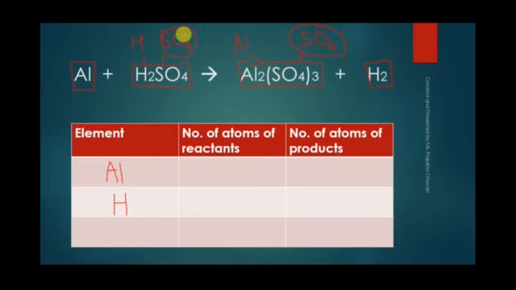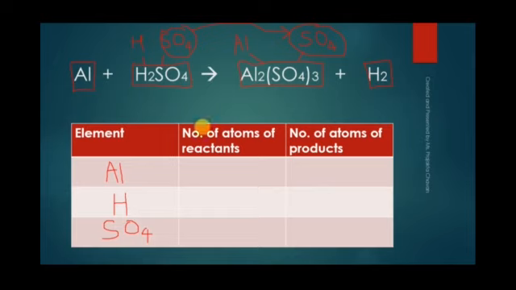I repeat, the SO4 ion from the reactant side is getting displaced entirely to the product side, and hence here we will not write separate sulfur and separate oxygen, but we will consider it to be one ion and we will write it in our table. So this is SO4 together. We are going to write the number of atoms here for SO4.